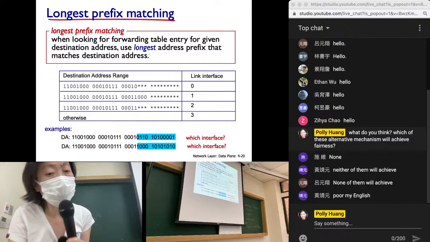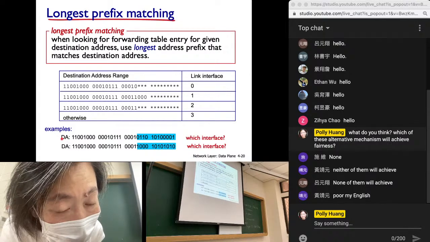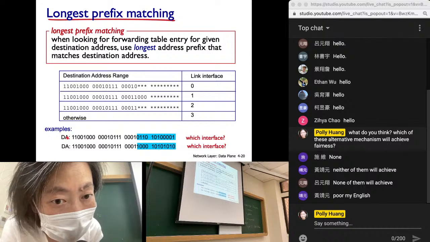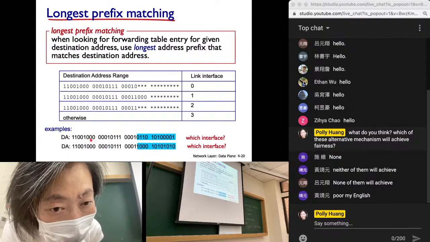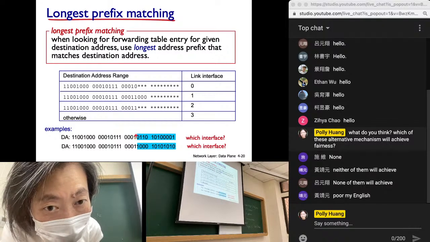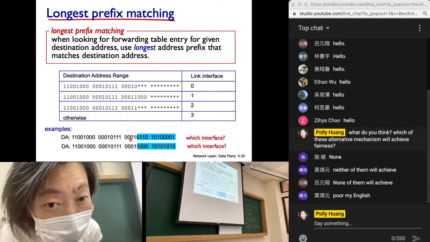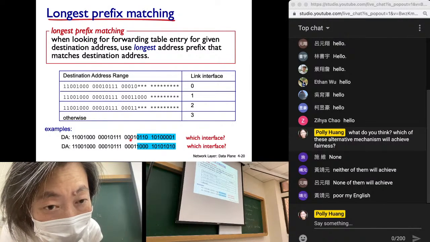Okay, let's just exercise 2 cases, and then we'll call it a day. If there's a packet coming in with the destination address looking like this, 1100, 1000, and so on and so forth, which of these prefixes does this IP address match? Does it match range 1, prefix 1?